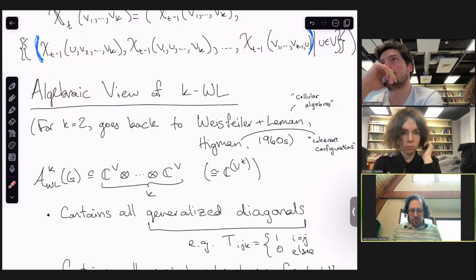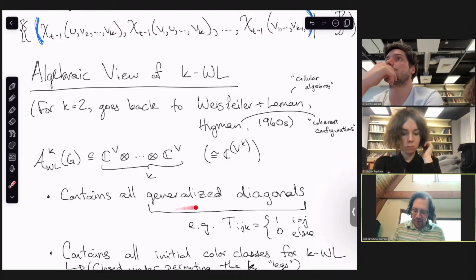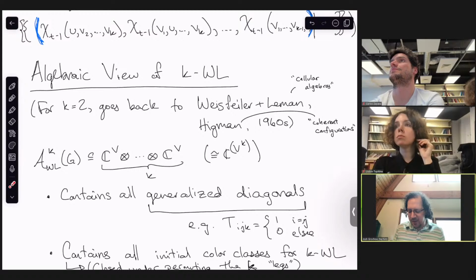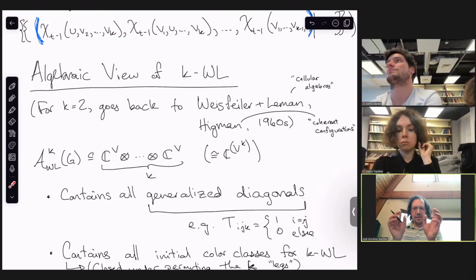Okay, so what should this algebra be? Well, it should contain all of what I call generalized diagonals. These are also related to units and biunits, and they may not be exactly the same, but by this I mean where you pick some partition of your indices and you put a 1 if the things in those parts are equal to one another and a 0 otherwise.